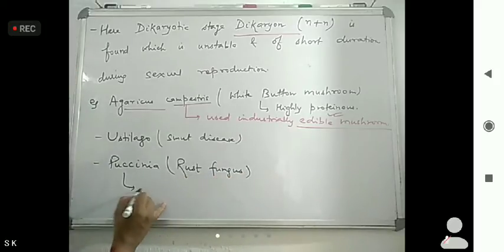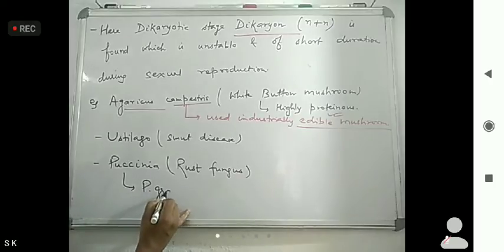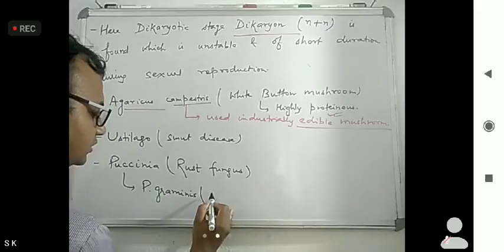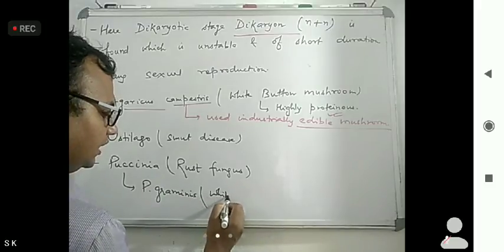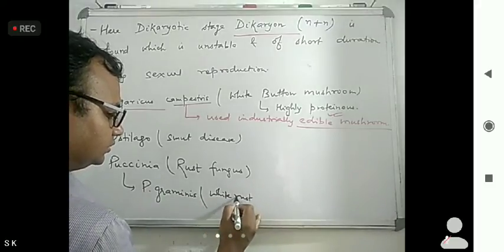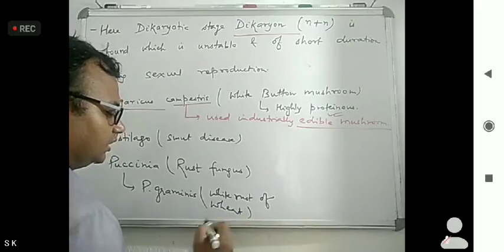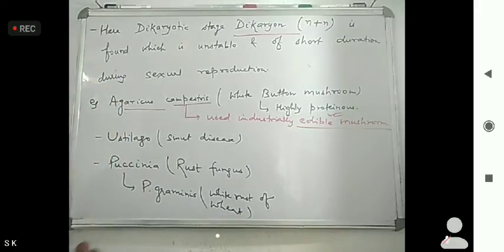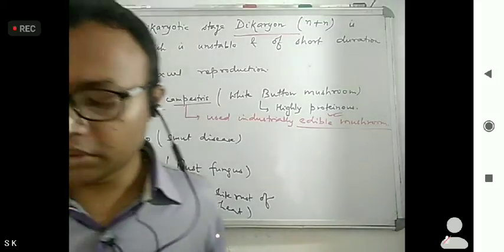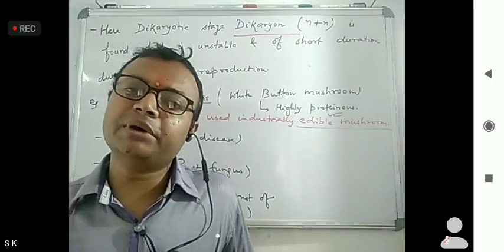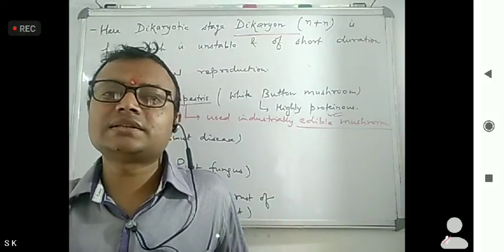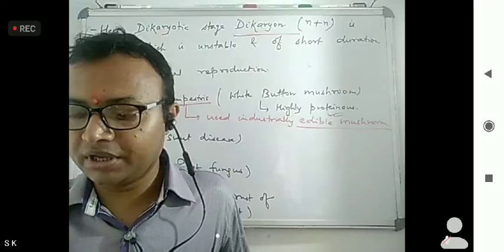And here one is there, Puccinia graminis, that causes white rust of wheat. It damages mostly wheat plant, Puccinia graminis. Okay, so these belong to division Basidiomycetes. Here what we have seen, asexual spores are being absent.